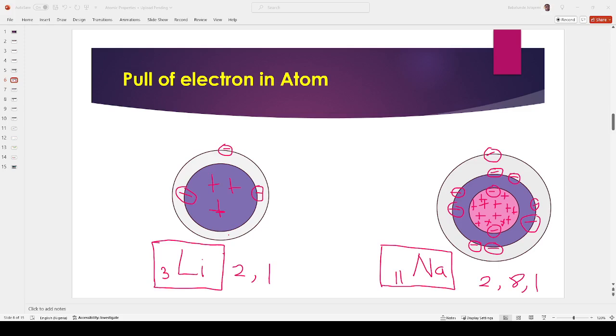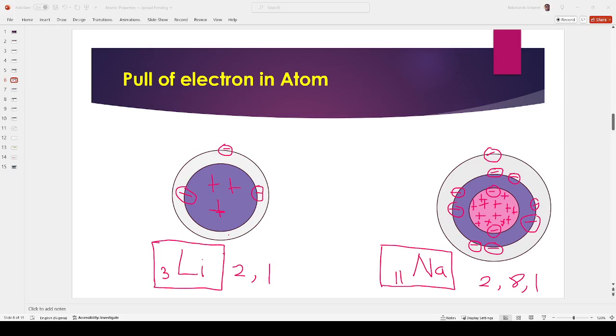The electrons revolve round the nucleus. The electrons are negatively charged. As you know, unlike charges attract, the positive charge and the negative charge attract each other, constituting an electrostatic force of attraction between the two charges.